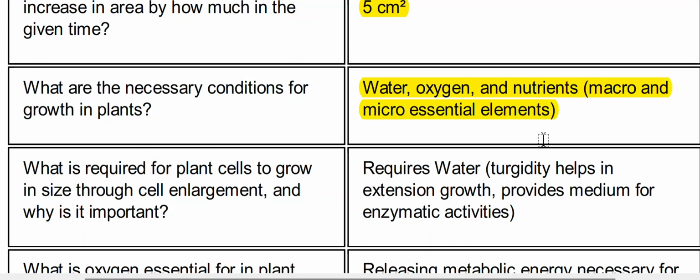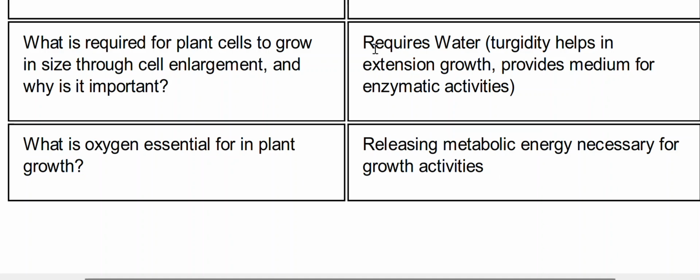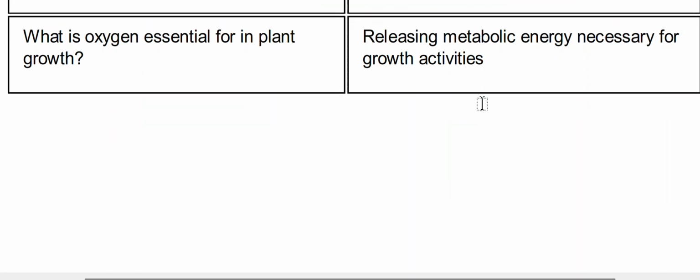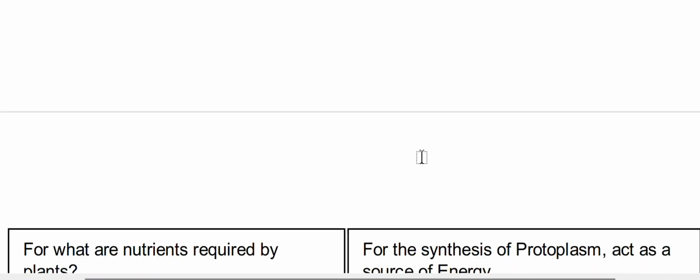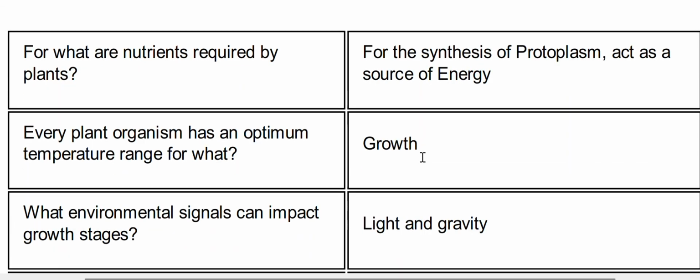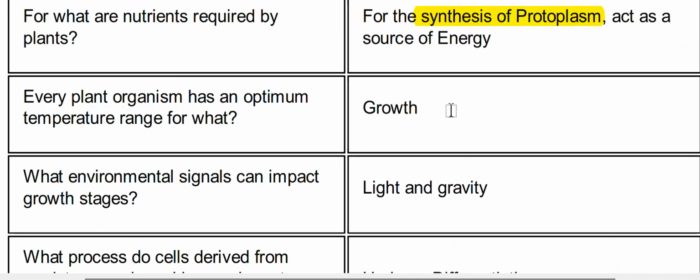Water, oxygen, and nutrients. Water helps in enzymatic activities, turgidity maintenance, and it is a medium. Oxygen is essential for plant growth, releasing metabolic energy. When nutrients are taken in, it is reflected in the synthesis of protoplasm, so there will be an increase in protoplasm level.